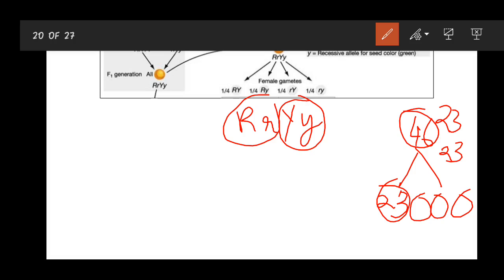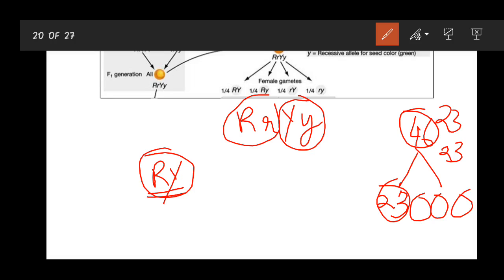The same thing is applicable here. When a gamete is formed, the gamete should contain the allele for round as well as the allele for yellow. When such a gamete is formed, there is no set rule that the dominant should pair only with a dominant trait.